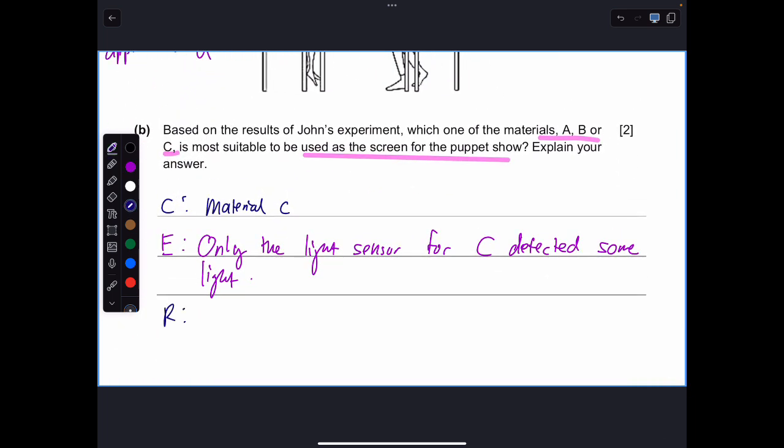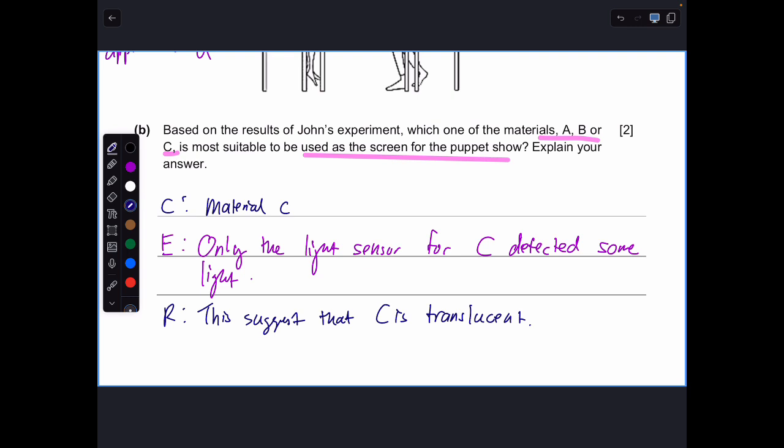Okay, so what does this suggest? Okay, this suggests that C is translucent. Okay, then after that you go on to talk about the screen.